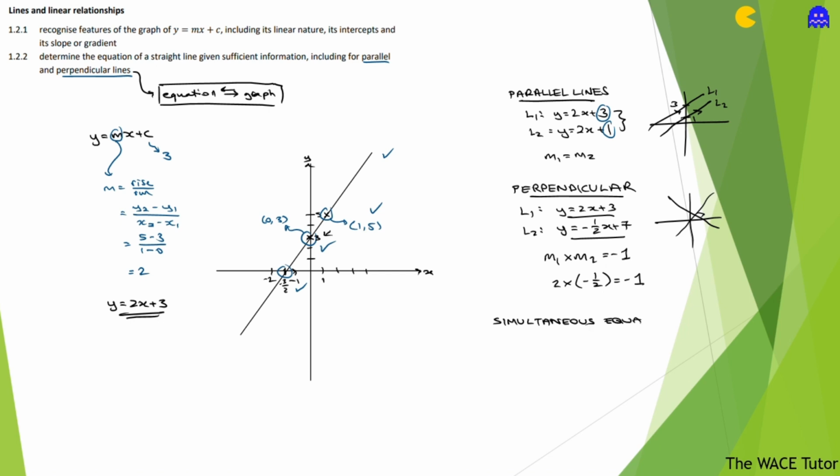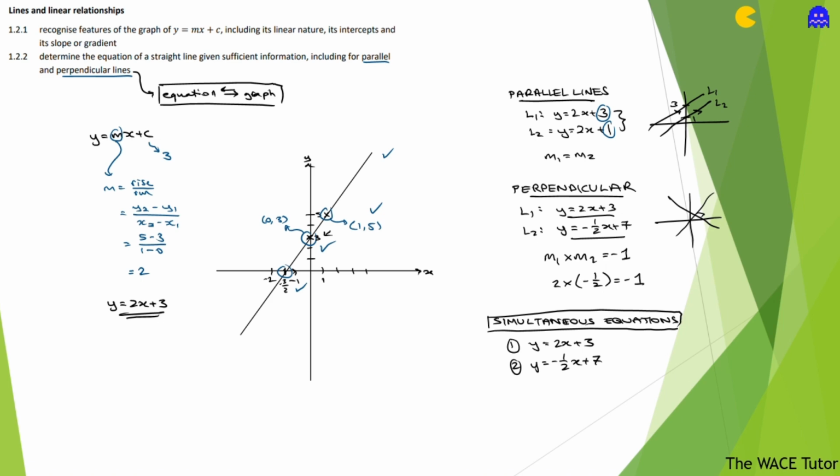I'll write that out here. I have my first equation, y equals 2x plus 3, and I have my second equation, y equals negative 1/2 x plus 7. Now let's say I want to solve where these two lines intersect.